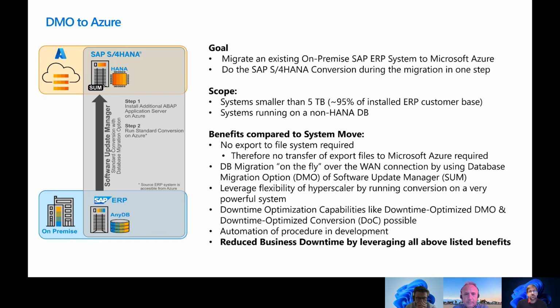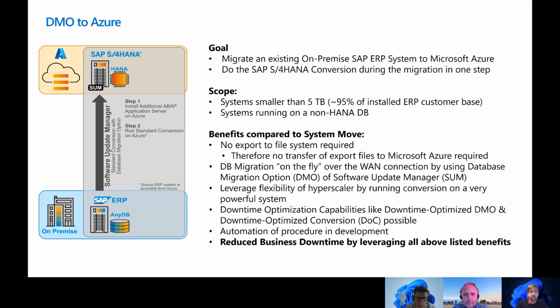The same thing applies to migrating or converting your SAP system from an ECC system to S/4HANA. So with this DMO to Azure approach, what we are now enabling customers to do is do a migration and conversion at the same time from your on-premises environment into Azure.